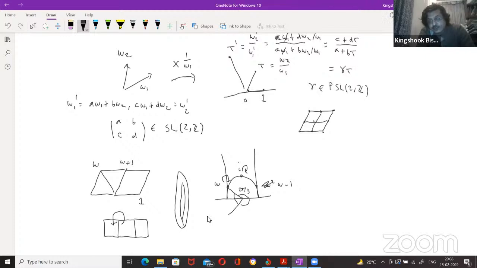Basically you're looking at a lattice generated by 1 and tau, with tau going up to infinity. Here's 1 and here's tau. So you get a very thin torus, and the torus degenerates as you go to infinity. The torus will be the quotient of this rectangle, so it will be a thin torus.